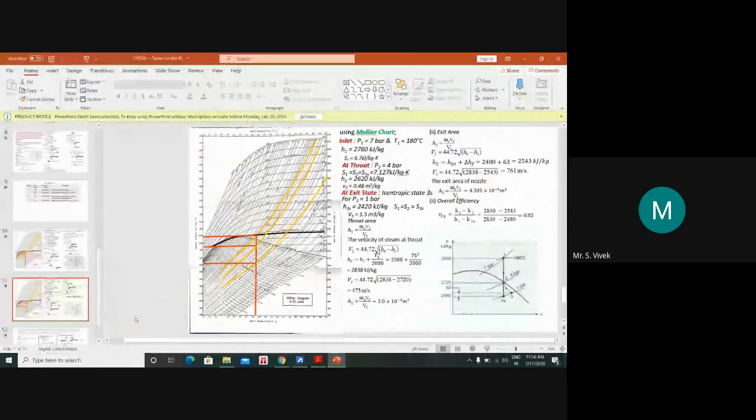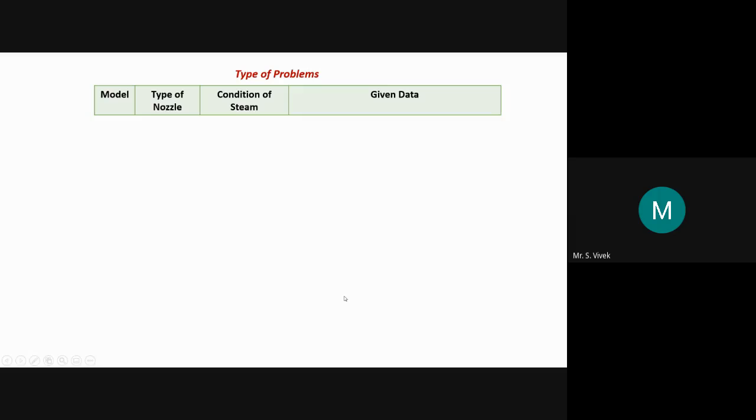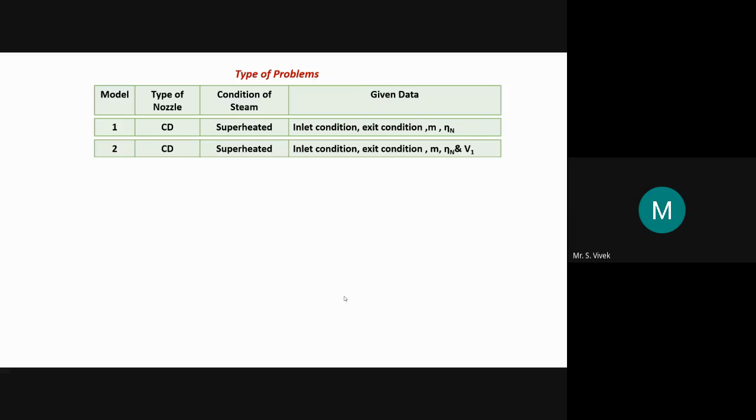Okay, that is the case. We solved 4 types of problems so far. First type of problem: inlet condition is given, exit condition is given, mass flow rate is given, and efficiency. Second problem: inlet, exit, mass flow rate, nozzle efficiency, and approach velocity or inlet velocity was given.